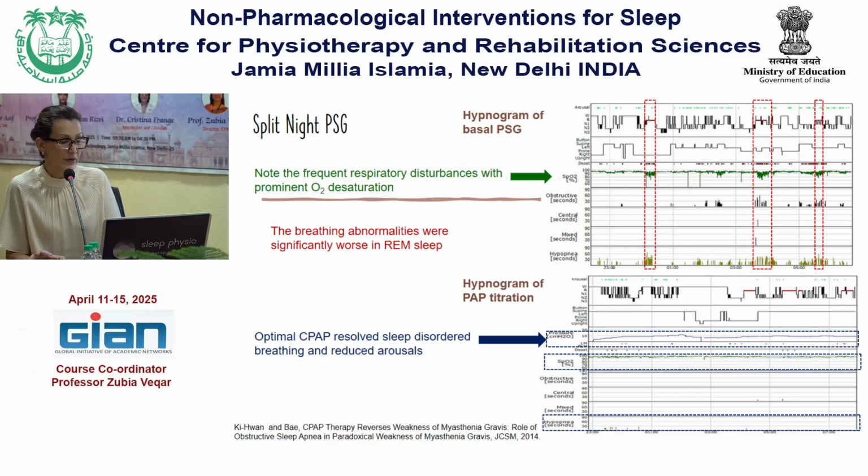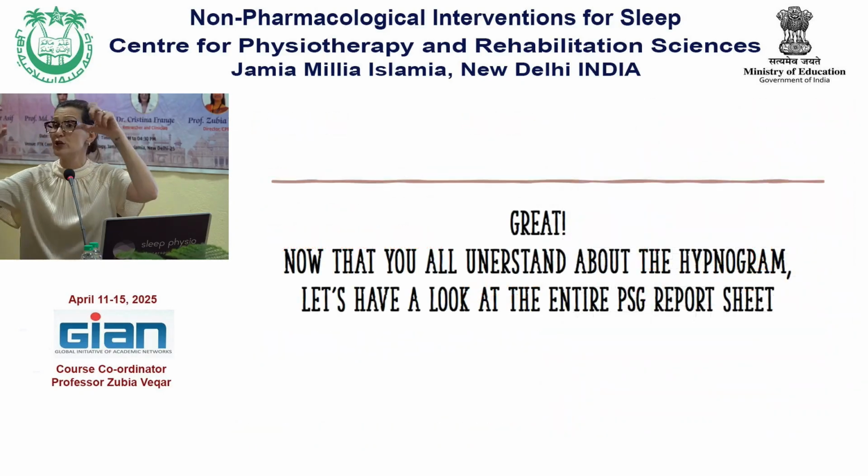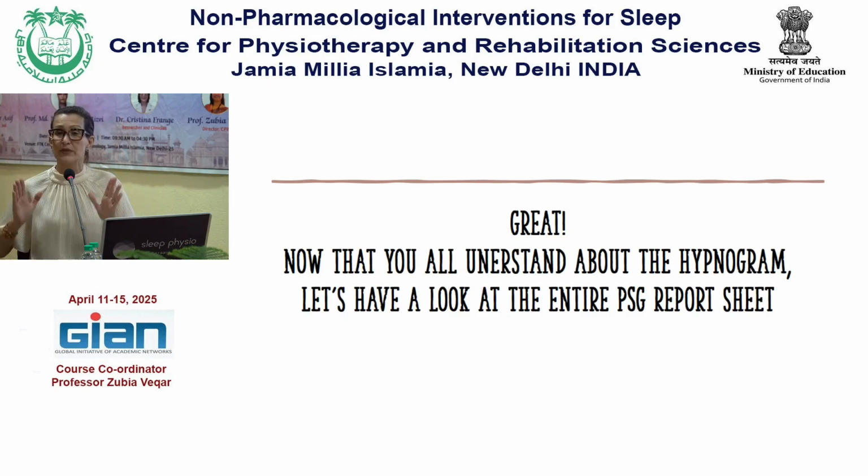So this is an example of how PAP therapy can reverse or treat the respiratory events. The optimal PAP here was 10 in this case, but it could be 4, it could be 16.